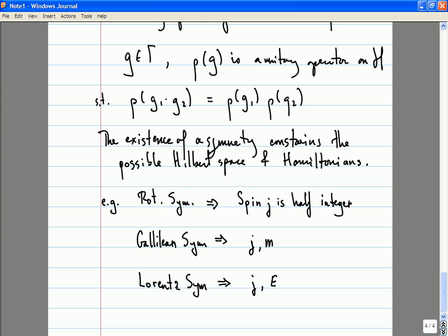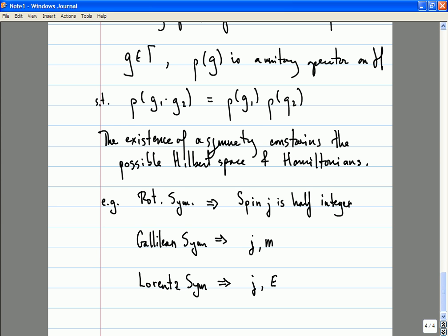So you can see, just based on the symmetries of nature, you can understand why it is that we parameterize objects with different physical quantities. The reason why objects have a spin, which is a half integer, is that our world is rotationally invariant. And the reason why objects have other fundamental properties is due to other symmetries of nature: Galilean invariance, Lorentz invariance, and so forth.